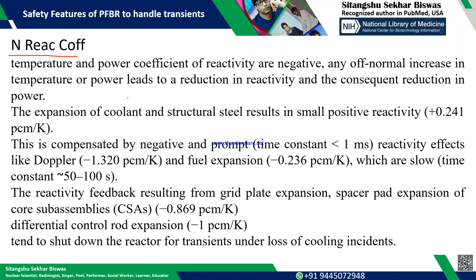In case of any transient, there is an ensured probability that the reactor will go towards shutdown. The temperature and the power coefficients of reactivity are negative. In case of any abnormal increase in temperature or power, this leads to a reduction in reactivity, and this occurs recursively for power.